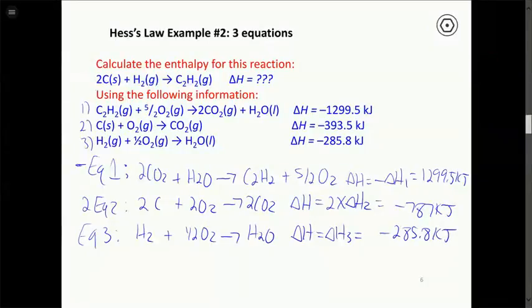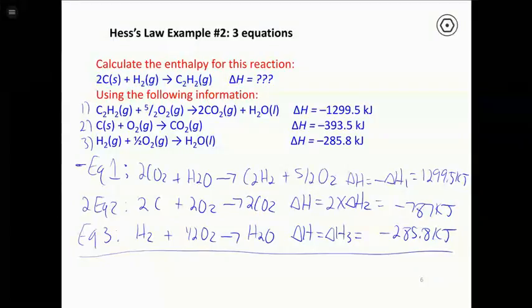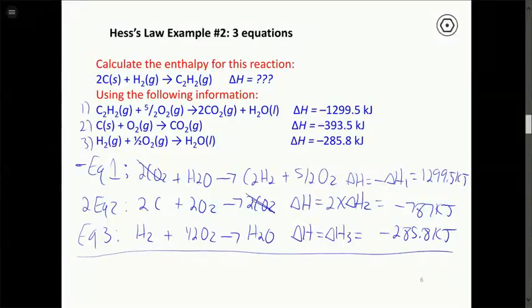All right, so then finally we want to add up the 3 equations, make sure that we added them correctly, that we modified them correctly, such that they add together to give our overall chemical equation with its unknown delta H. So if we look at what's going on here, we have 2 CO2s as a reactant, but they cancel out with the 2 CO2s that are a product in the second equation. H2O is a reactant in this first one here, but then it cancels out as a product in the last one.